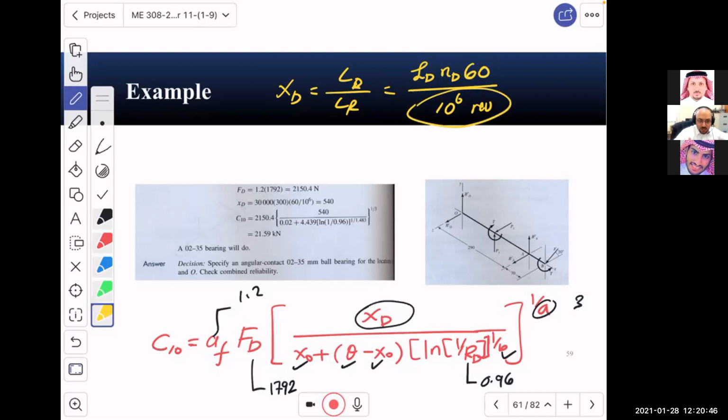Those are the revolutions I want. For that reason, it is 30,000 multiplied by 300 multiplied by 60, and then divided by 1 million. And there I got XD. And that's it. What did I get? Ya shabab, I got 21.59 kilonewton. Now, what does this mean?